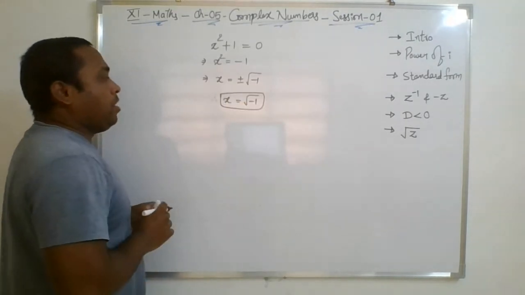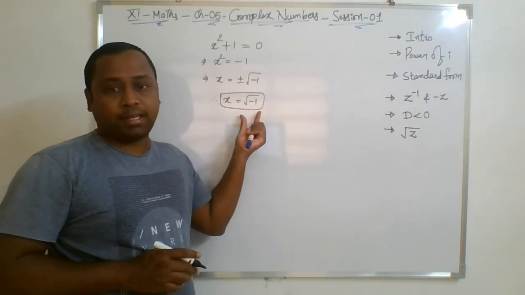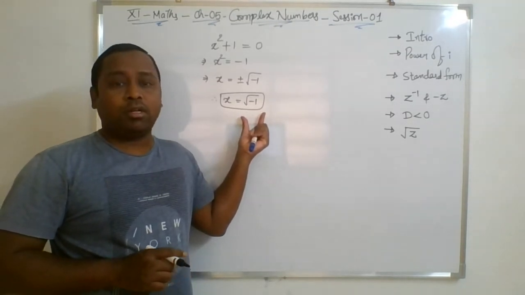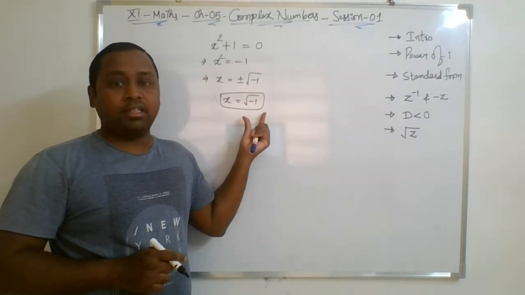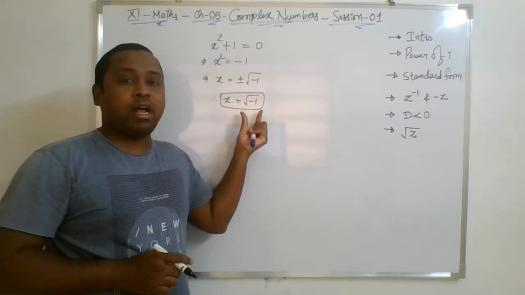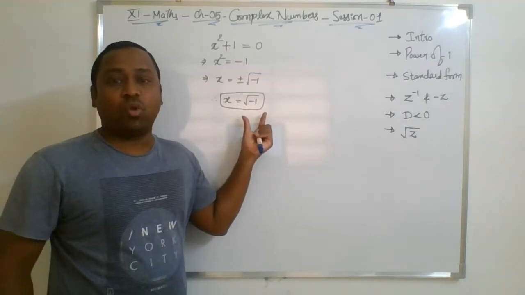Now, this is a number which we are not accepting. Under root of negative numbers are not accepted in the real number system. Hence, these numbers are accepted in the imaginary number system, which is not real.